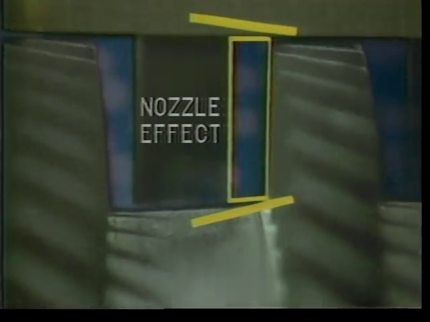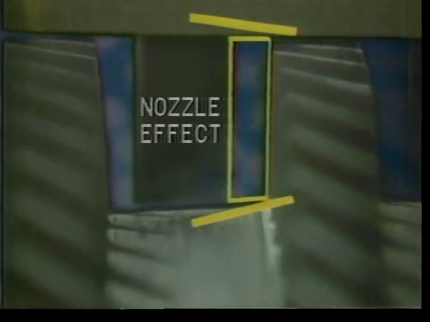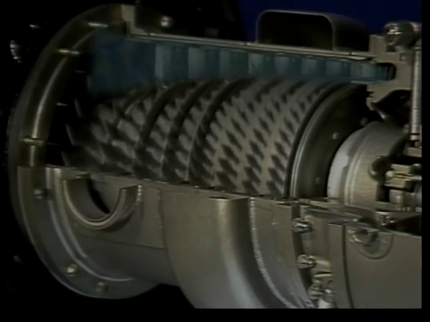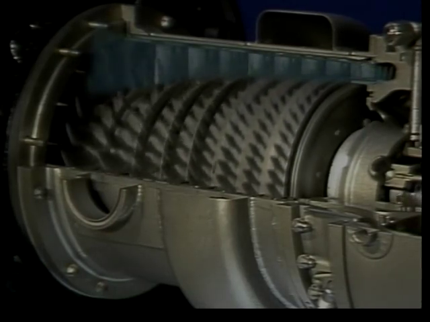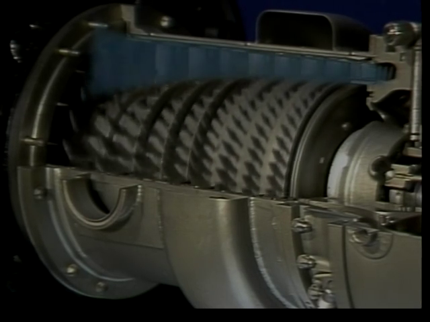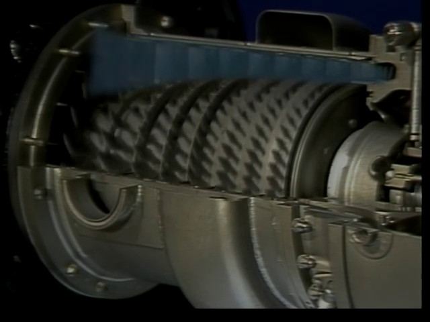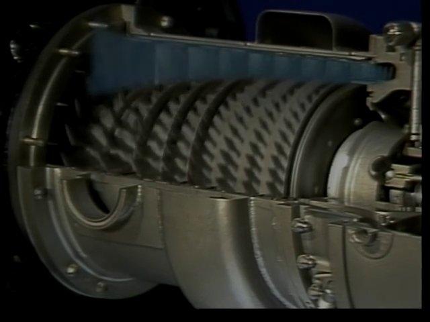Here, the shape of the air path is decreasing. In fact, we have a miniature nozzle. This causes the velocity to rise slightly before the air enters the next set of blades. So the nozzle effect is the second way that air velocity is maintained. As the air moves between hundreds of blades on 8 stages, its pressure is multiplied by diffusion and its velocity rises and falls in the process.